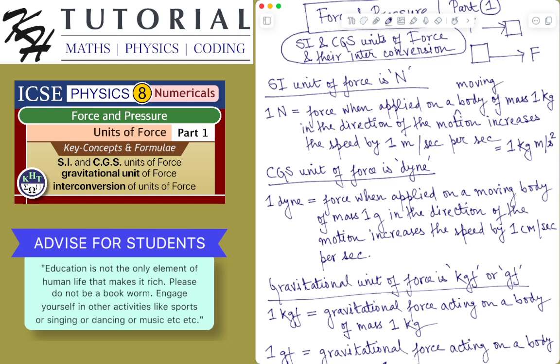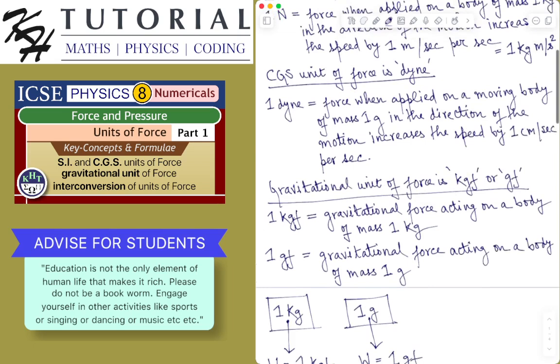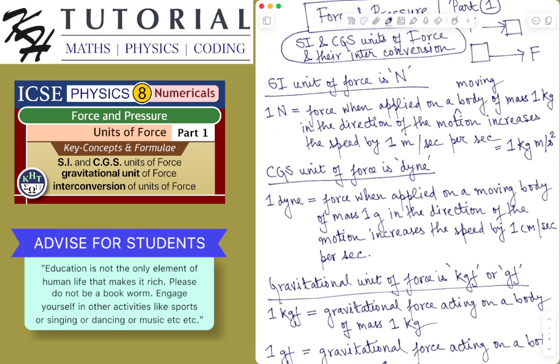Why is it so? Based on the definition, 1 Newton is the force that, when applied on a moving body of mass 1 kilogram in the direction of motion, increases the speed by 1 meter per second in 1 second.